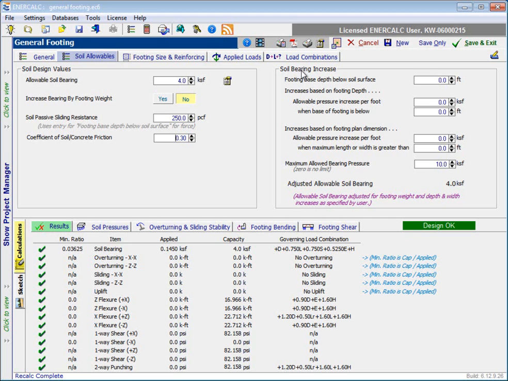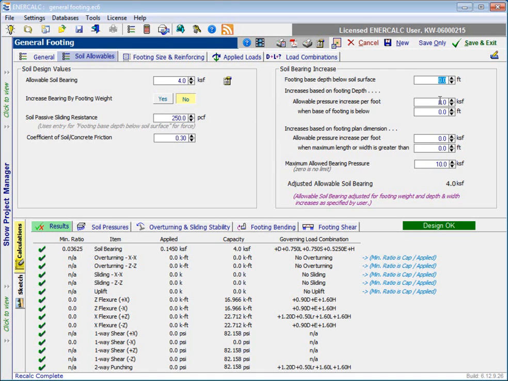Now moving over to the right hand side of the Soil Allowables tab, we have a category called Soil Bearing Increase. Now this first item, footing base depth below soil surface, plays a little bit of a double role. We saw that it will be used over here in calculating a passive resistance if we choose to use that.